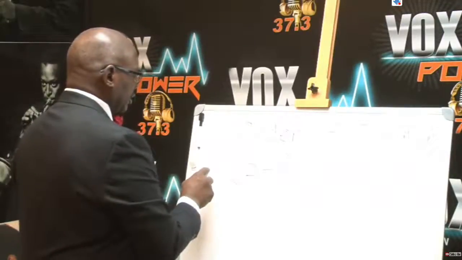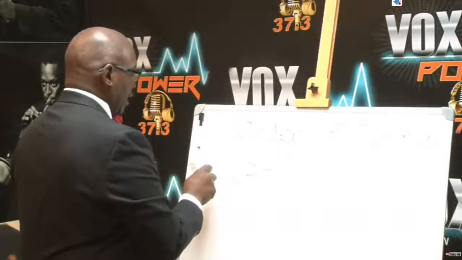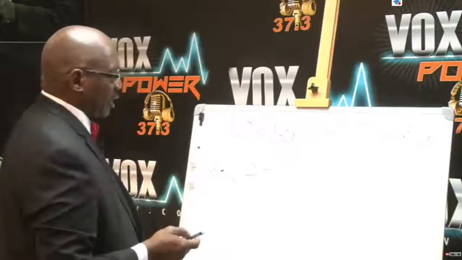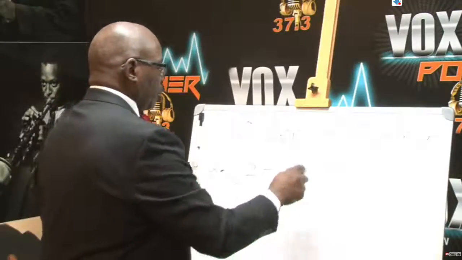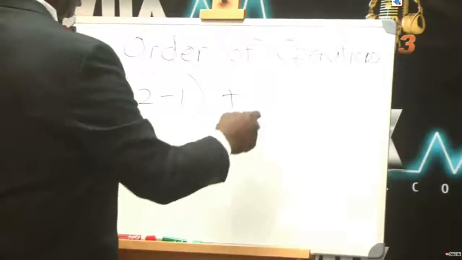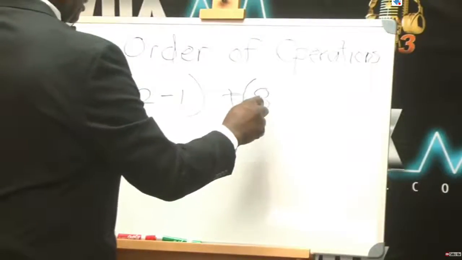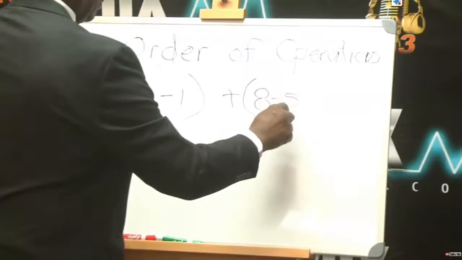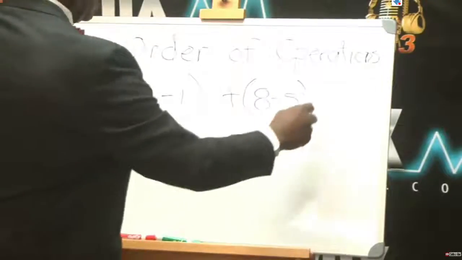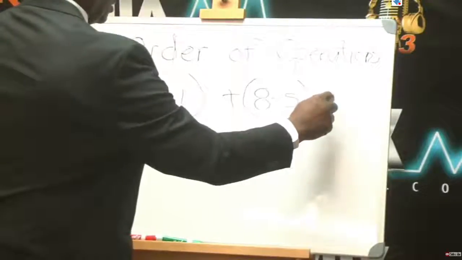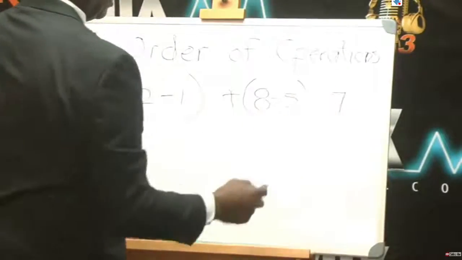Outside the parentheses, it may say 8 times, that little dot represents times, plus the quantity again, 8 subtract 5, times 7 equals.